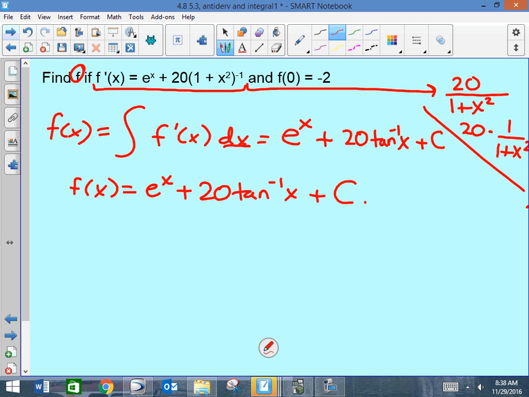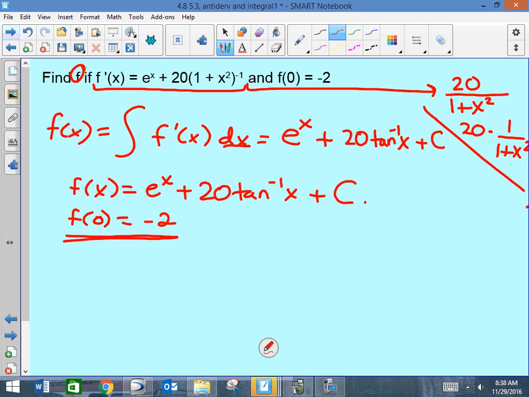Now, we also know f of 0 equals -2. So here's where we're going to find our specific c. Now, imagine our trouble if we hadn't put our c in, and then we're like, oh, we're done, e to the x plus 20 inverse tangent x. It's really problematic if you don't get in the habit of doing your c. Okay, what should we do with this? f of 0 equals -2.